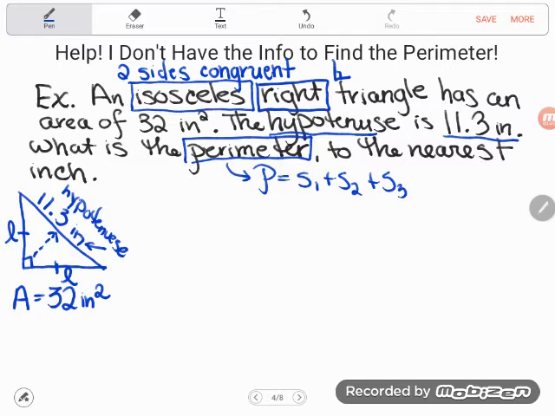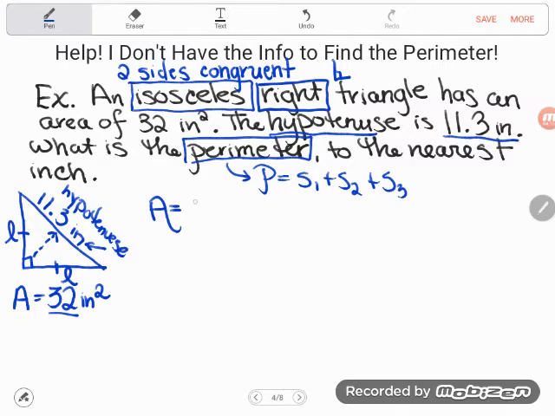Even though I don't know the length of the legs of this triangle, I do know its area. I know its area, and I want to know the length of those legs. And so what I'm going to do is bust out that area formula. Okay, the area of a triangle, and you might be saying, Kate, but I'm supposed to find perimeter. Yeah, but I don't have the information I need for perimeter yet. So I am going to use the area formula to get the info I need so I can find the perimeter.